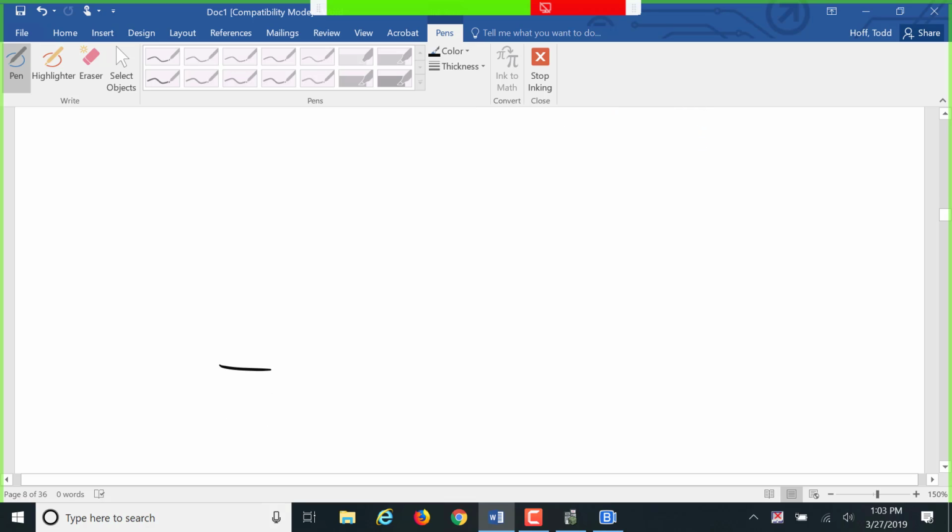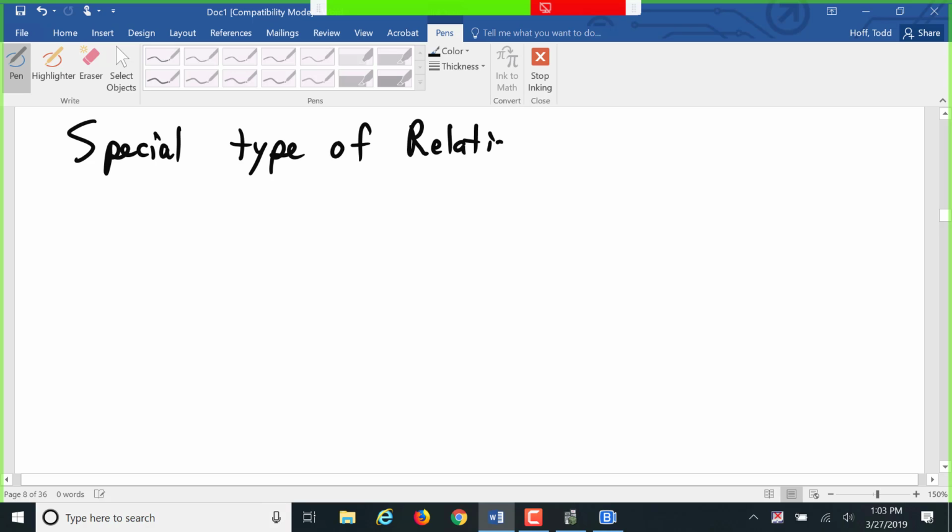Well, the focus of this part of the class, though, is not just on generic relations, but on a special type of relation called functions.